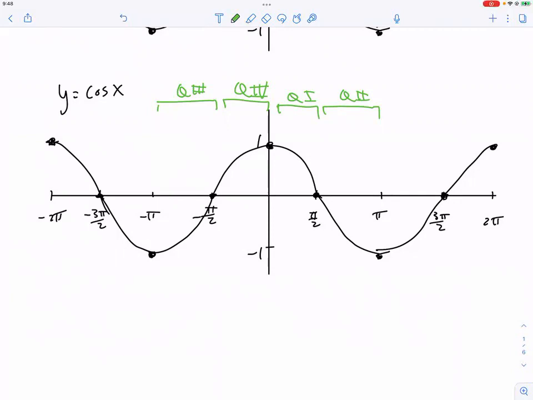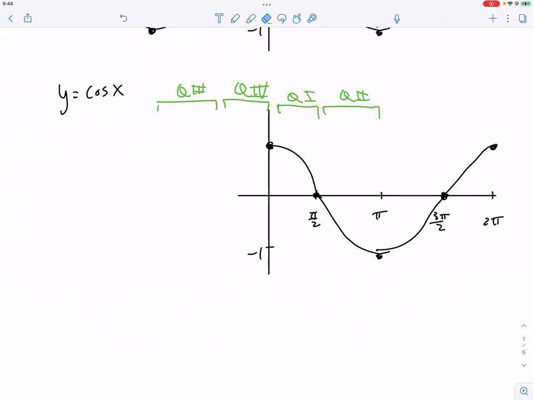1 and 2 or 3 and 4, good. Very good suggestion. Either 1 and 2 or 3 and 4. And by practice, we always keep quadrant 1. That's easiest. So for the inverse trig function, we don't need things from the negative side.